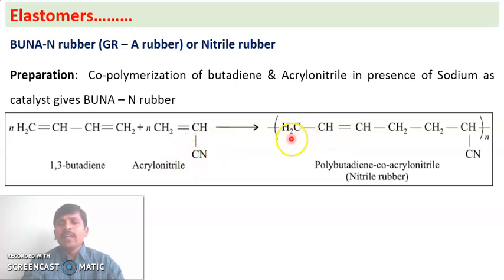So finally we get connectivity CH2 single bond CH, double bond CH, single bond CH2, single bond CH2, single bond CH, single bond CN. So we have a cyanide group on the second carbon of acrylonitrile, that is the last carbon of the repeating unit. So this is one repeating unit. Likewise, we have n number of repeating units, as we have taken n number of 1,3-butadiene and n number of acrylonitrile. So this is the preparation of Buna rubber or acrylonitrile rubber.